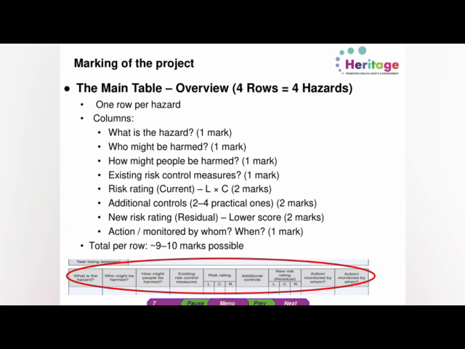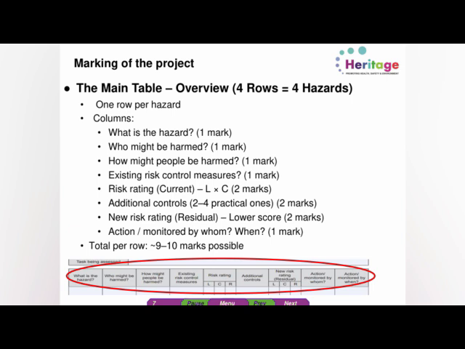The examiner will look at each row as a complete story. If 1 column is weak or vague, you can lose marks for the whole row. So every column matters. Your job is to show that you can identify a real hazard clearly, evaluate the current risk properly, suggest sensible additional controls using the hierarchy, demonstrate that the risk has been reduced, and provide a realistic action plan.